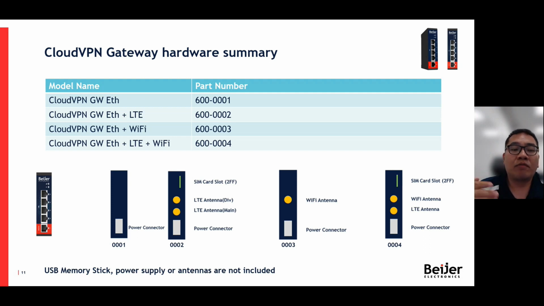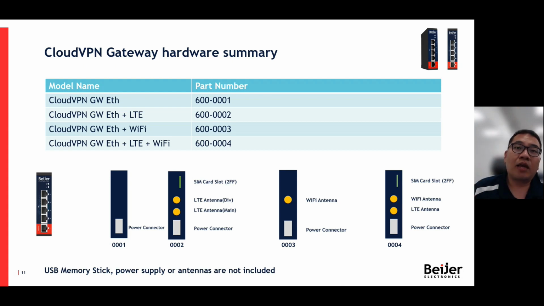The difference between each of the variants is the wireless module that is installed. The very basic Ethernet only version does not have any wireless module. Next, we have the Ethernet plus LTE version, and also the Ethernet plus Wi-Fi version. And finally, we have the all-in-one version, which is the most powerful one, where we have Ethernet, LTE, and Wi-Fi on board.